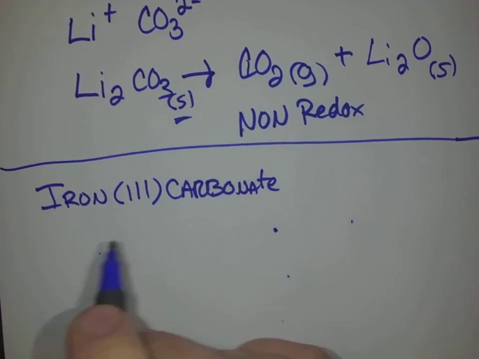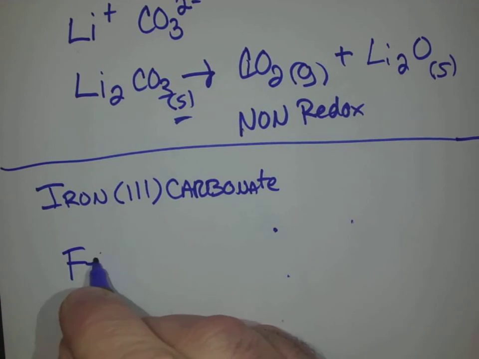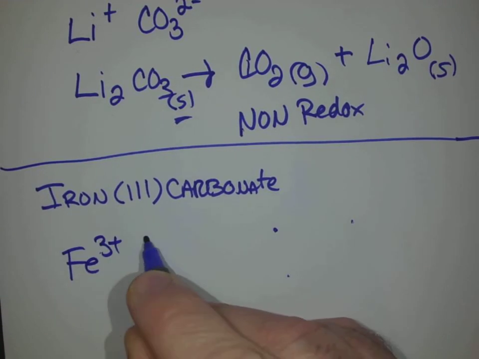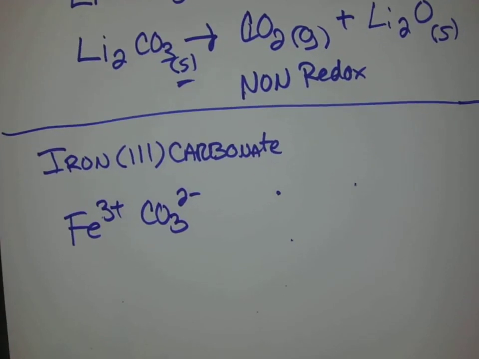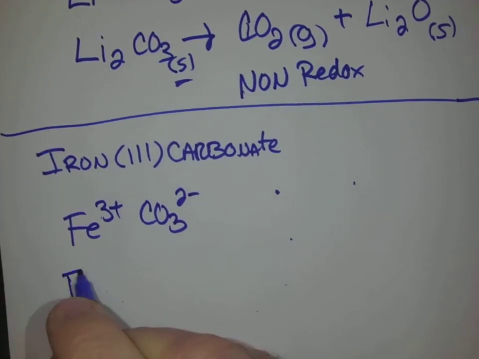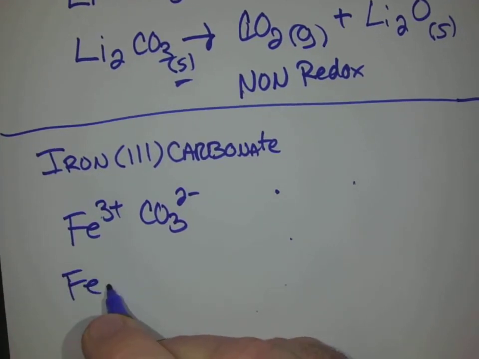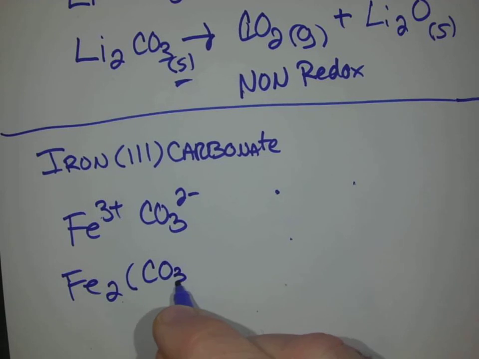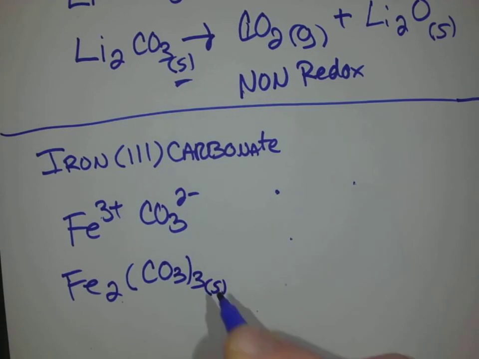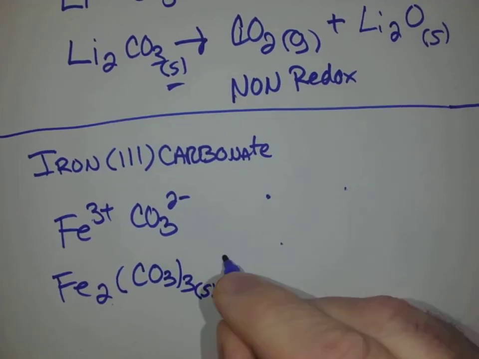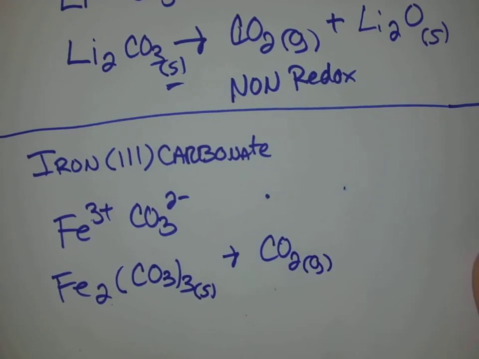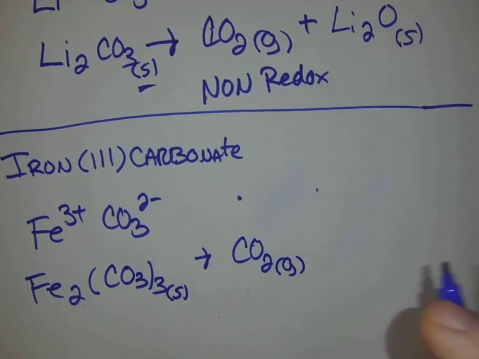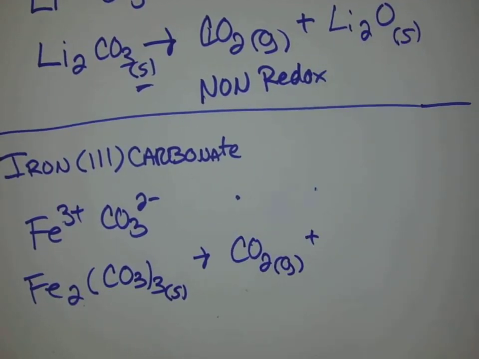So again, we need to write out the formula for iron 3 carbonate: Fe2(CO3)3, starting as a solid. It's going to break down into carbon dioxide gas all the time. That never changes. And then again, the metal oxide.